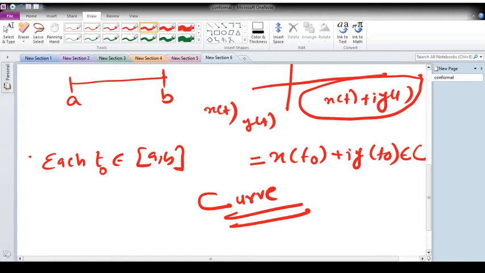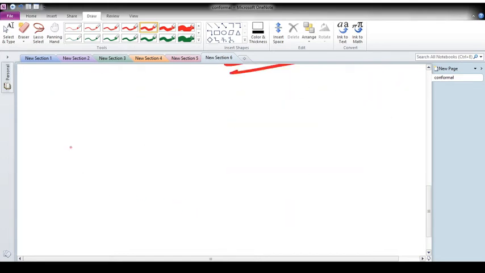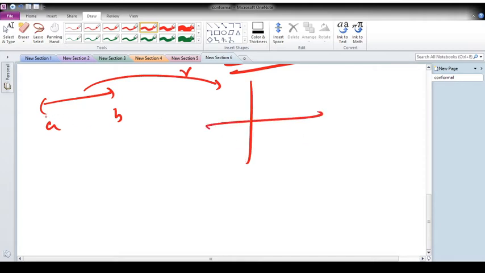One more explanation: the interval a b, and gamma in the complex plane. For each point, some t naught, we have a complex number. For another t1, we have another complex number. For each point in the interval [a, b], we can find a point in C. So we can join these points and we get a curve, that is gamma a to gamma b.